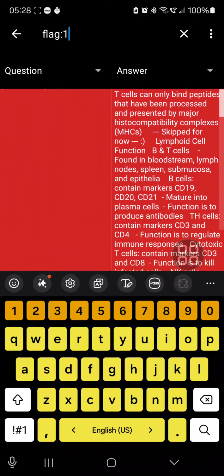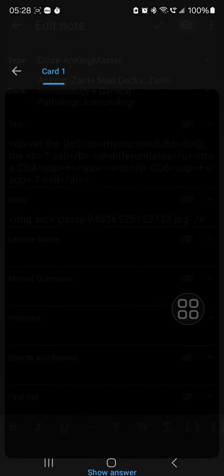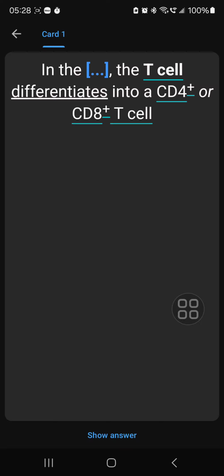What about the next card? In the dash, the T cell differentiates into a CD4 positive or CD8 positive T cell. So it could be within the lymph node. That is possible in the cortex probably.